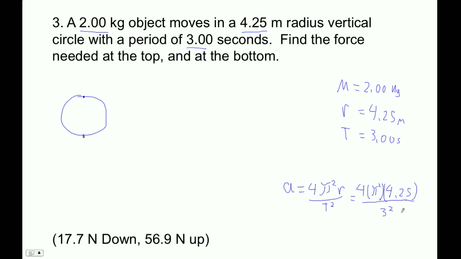Let's do that. 4 times π² times 4.25 divided by 3 squared, and I got 18.64.